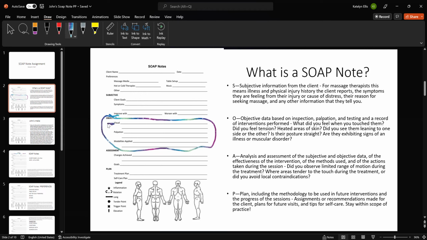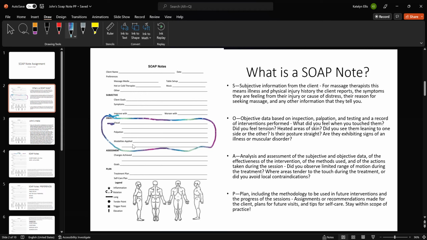Palpation, you palpated their right shoulder and their upper trapezius had a ton of tension in it. You notice that in addition to the shoulder appearing elevated, you could feel a difference in the length of the neck before connecting with the shoulder between the right and the left-hand side of the body.